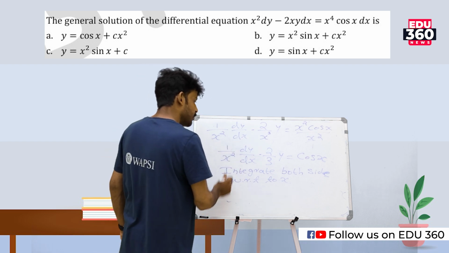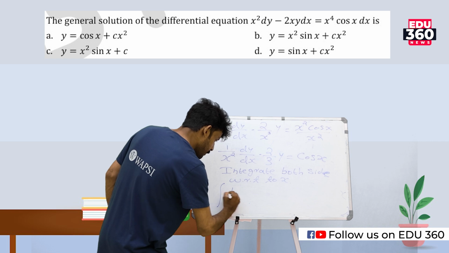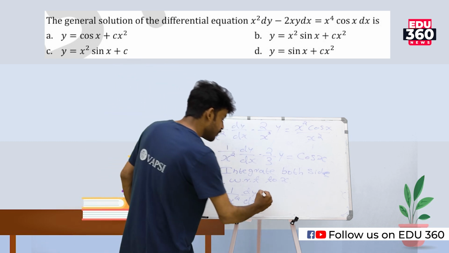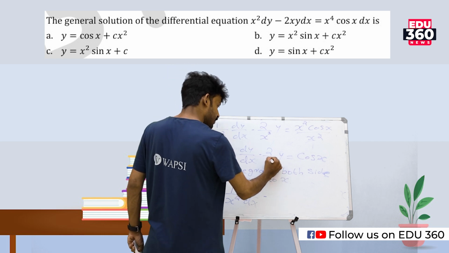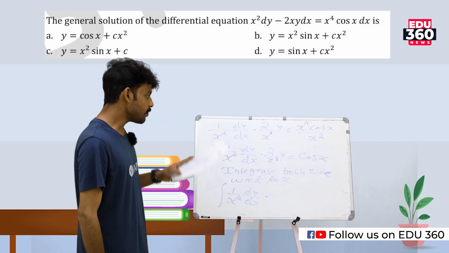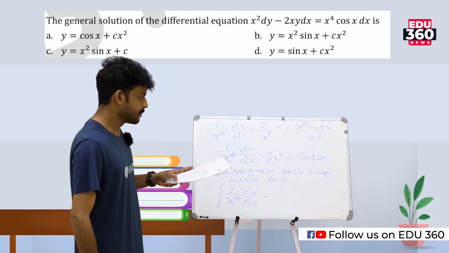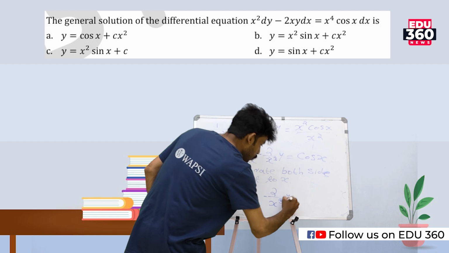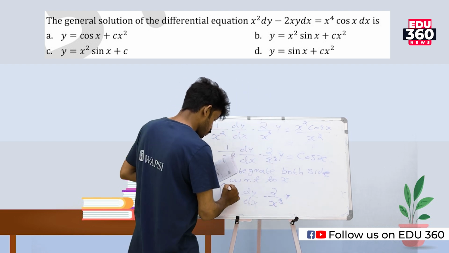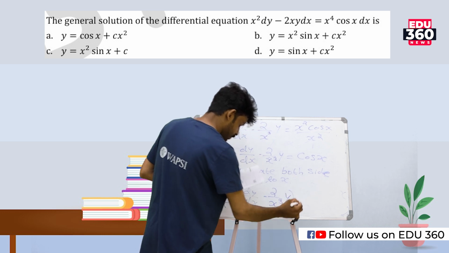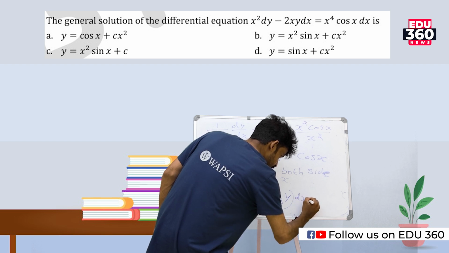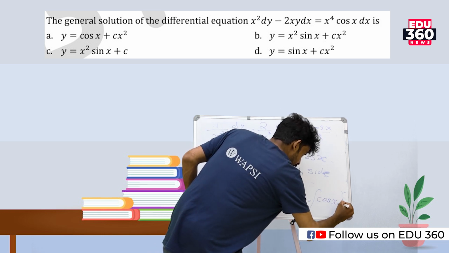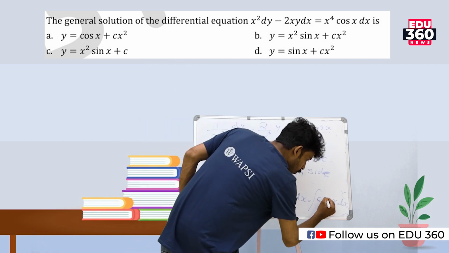So we will get the integral of 1 by x square into dy by dx minus 2 by x cube y dx is equal to the integral of cos x dx.